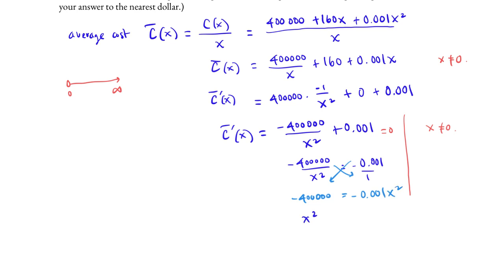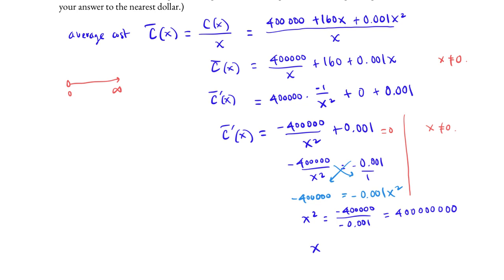We then isolate x squared, which is negative 400,000 divided by negative 0.001. This will be a positive number, with 5 zeros on the top, and we divide it by 0.001, so we end up with another set of 3 zeros. So there are 8 zeros total in this number.